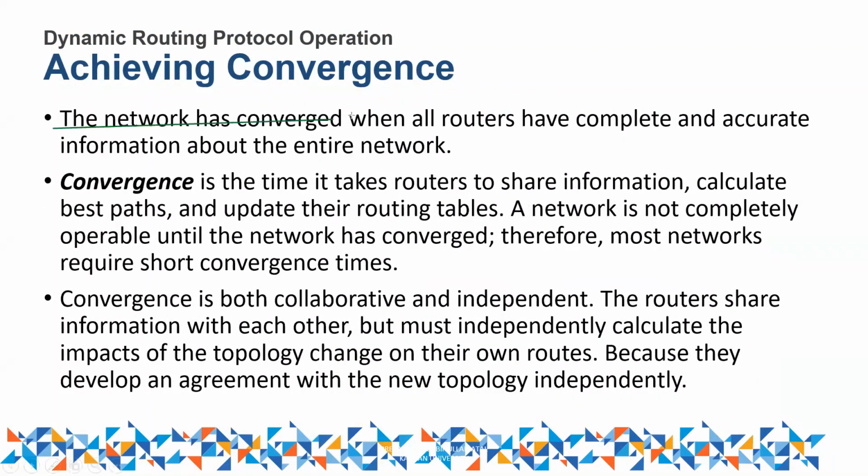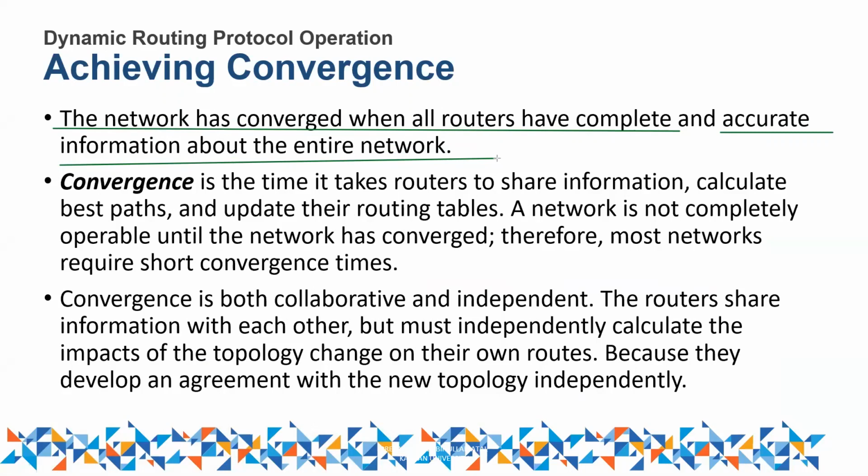So see, the network has converged when all routers have complete and accurate information about the entire network. When all the routers got the idea about each other while sharing the routing information, then we will say that the network is now converged because the routers know about each other. Maybe some students are thinking, what is convergence?